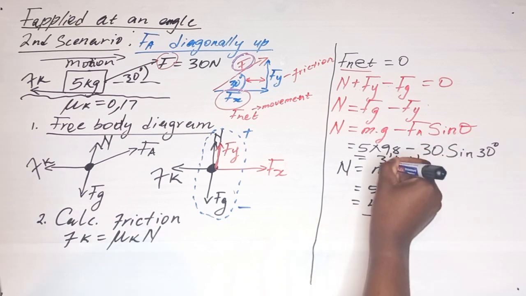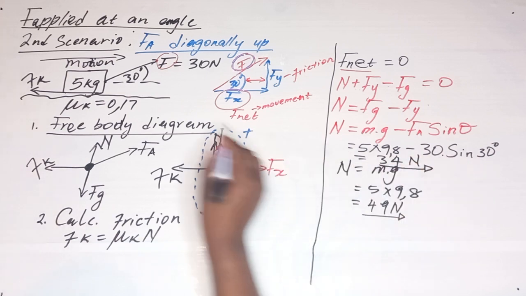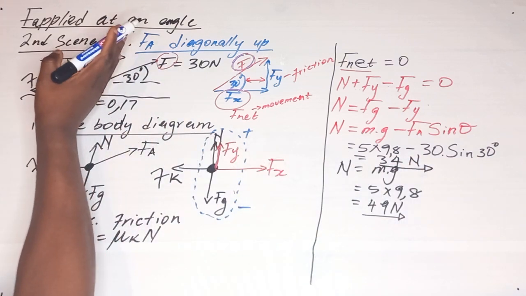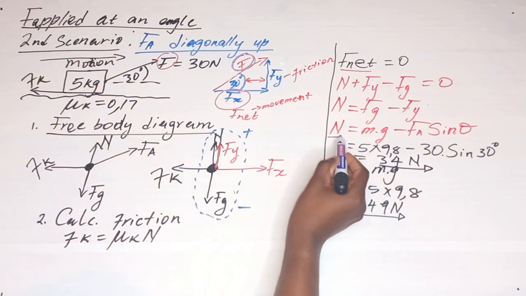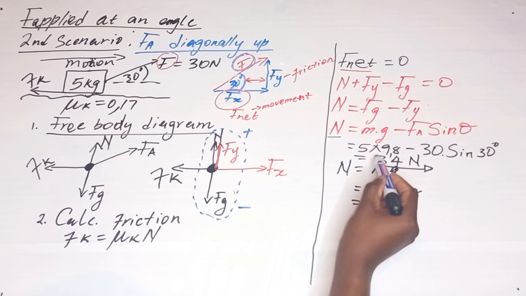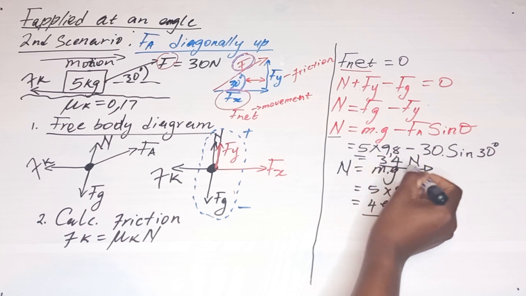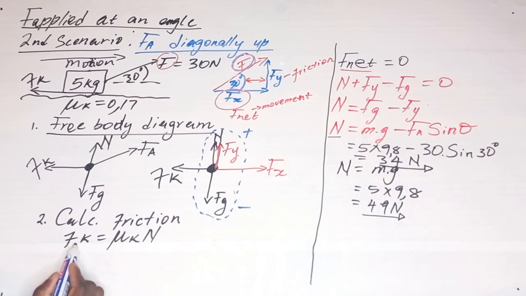So the question is, what do you notice as we increase the angle of F applied? It simply means the normal force is decreasing. So what does it mean about the friction? The friction and normal force are directly proportional, so if the normal force decreases, the frictional force is going to decrease as well, right?